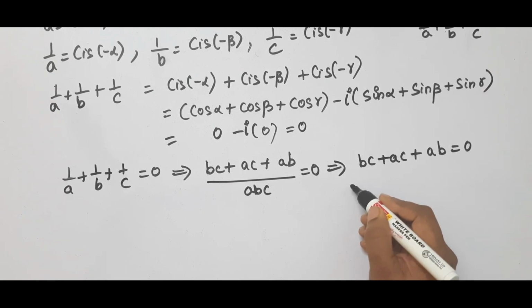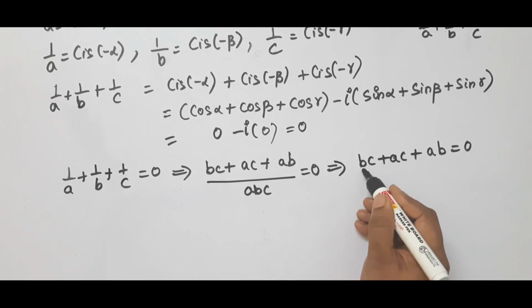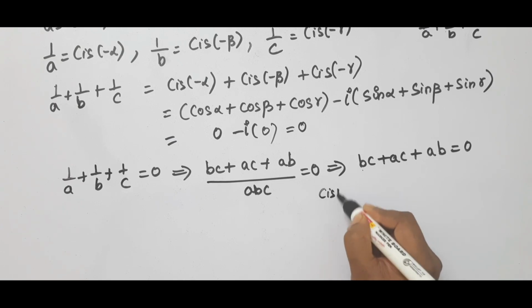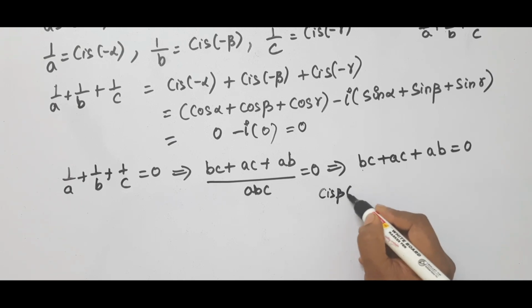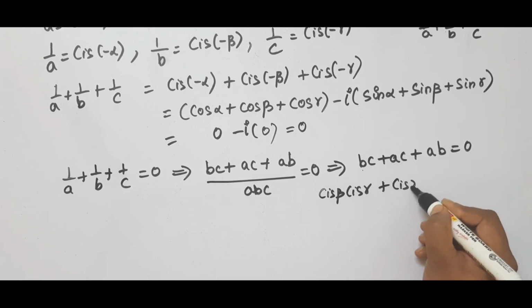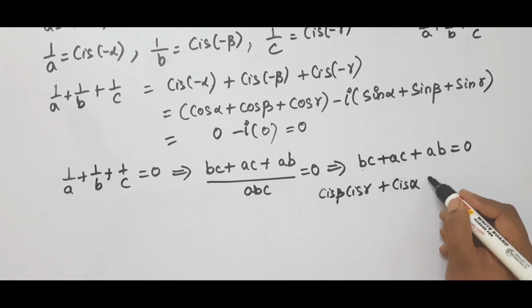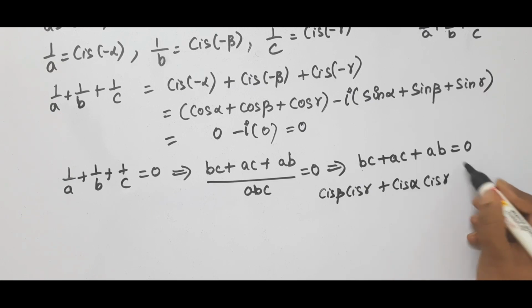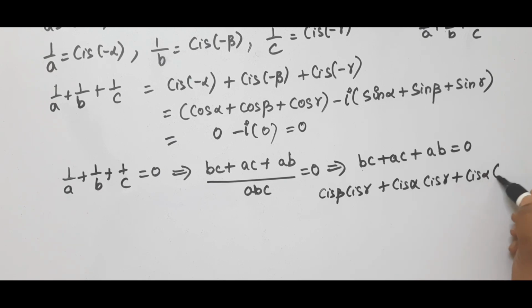So this can be written as B value is nothing but cis beta, C value is nothing but cis gamma, A value is nothing but cis alpha, C value is cis gamma, A value is cis alpha, B value we have taken as cis beta, equal to 0.